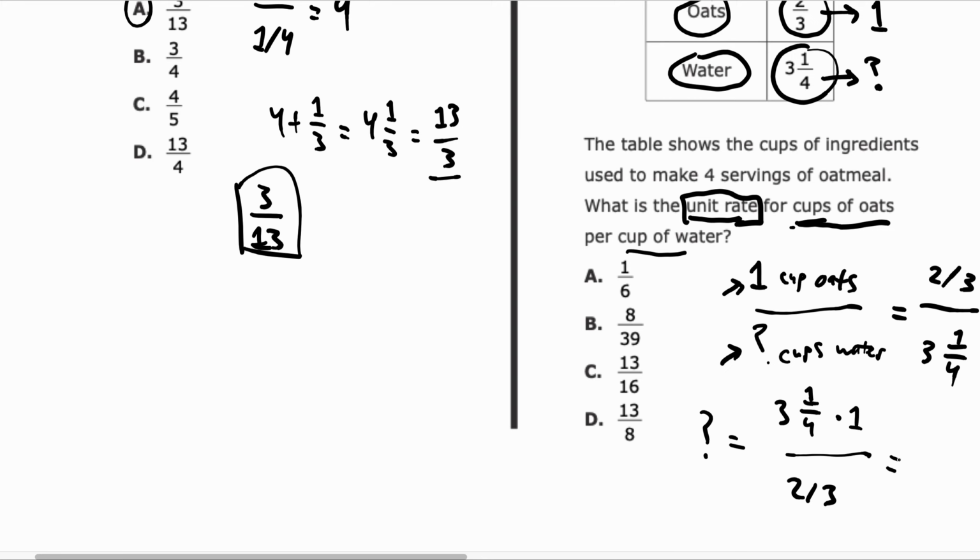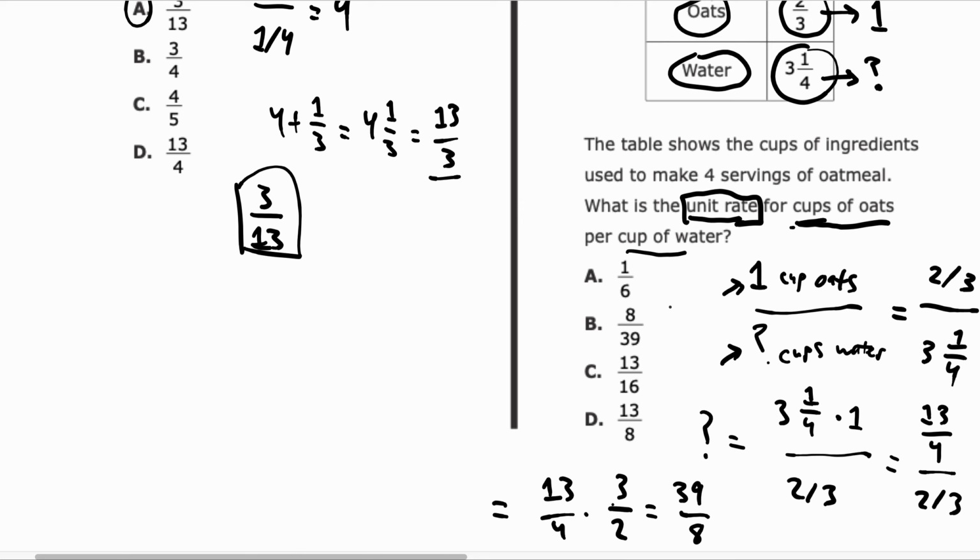That would be 13 over 4 over 2/3, which is 13 over 4 times 3 over 2, which would be 39 over 8. And that is not an answer.